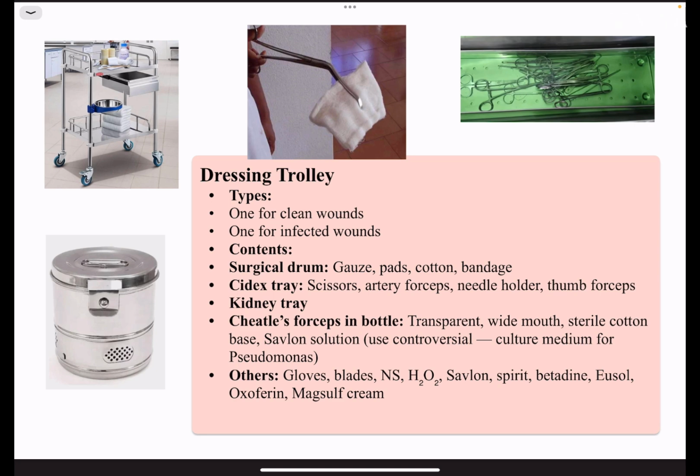in the glass container. Now there is a controversy that the Savlon solution contains cetrimide which acts as culture media for Pseudomonas.